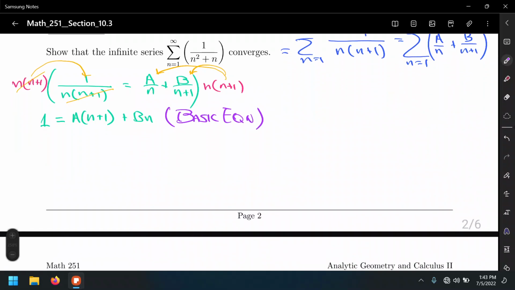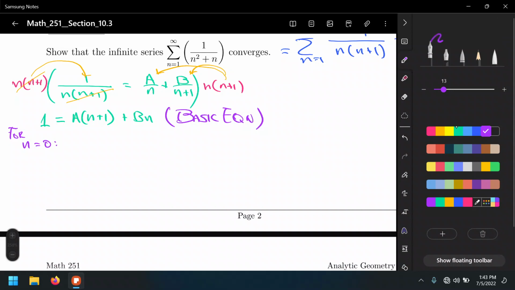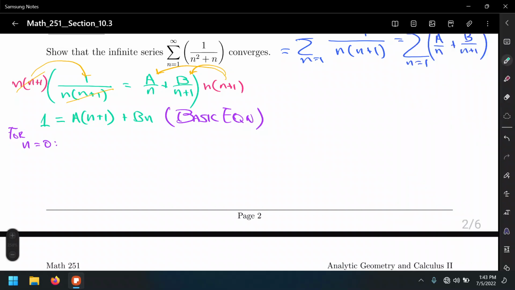And of course, think of any convenient values so we can cancel one term, and from there find one of the constants. Can you think of one of those convenient values? 0. So n equals 0. For n equals 0, 1 equals A times 0 plus 1 plus B times 0, and that's going to leave us with A times 1, which is A, equals 1.